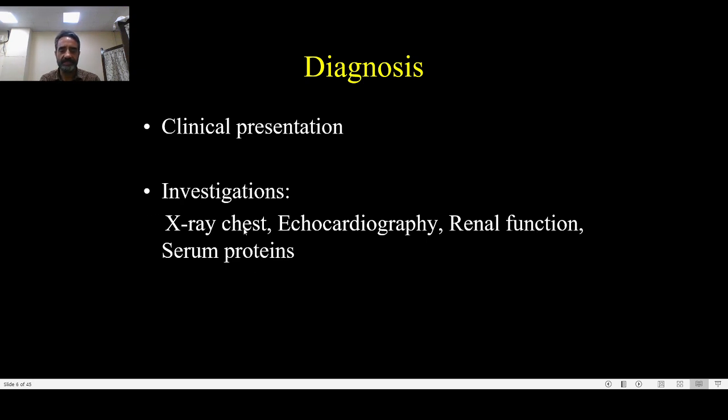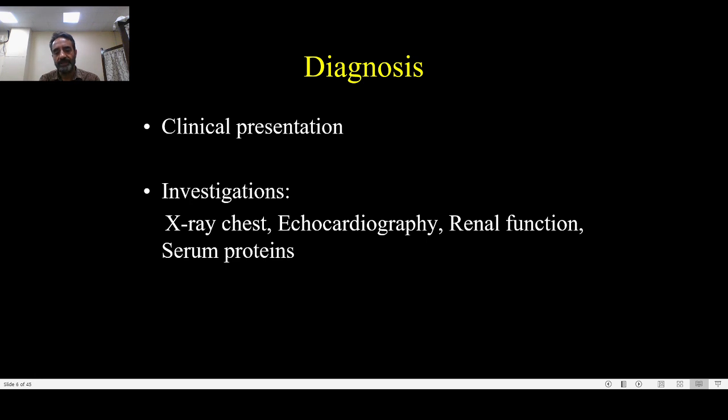So X-ray chest has a typical picture in case of congestive heart failure. Then echocardiography, there is slow movement of the cardiac muscles.